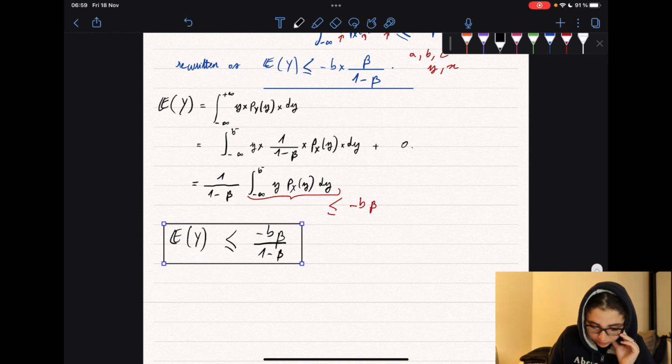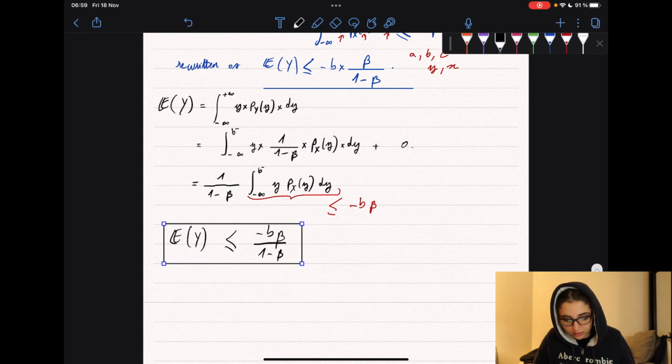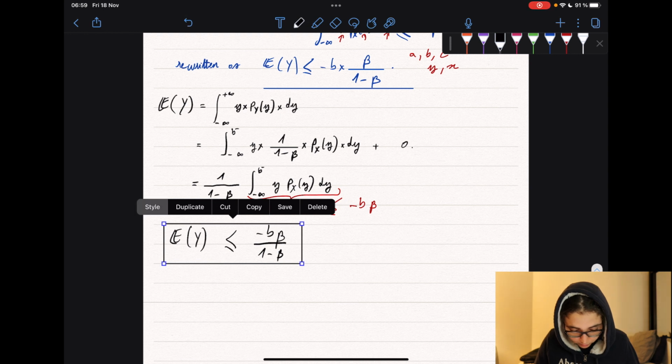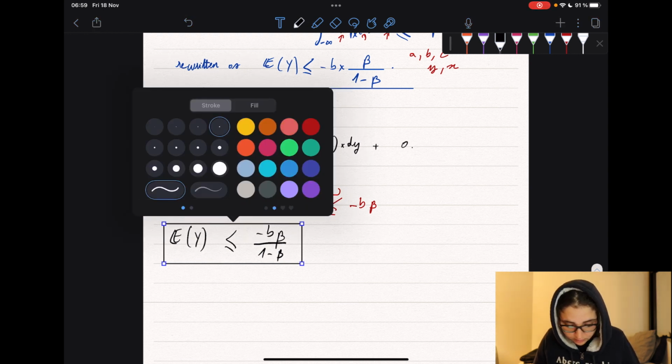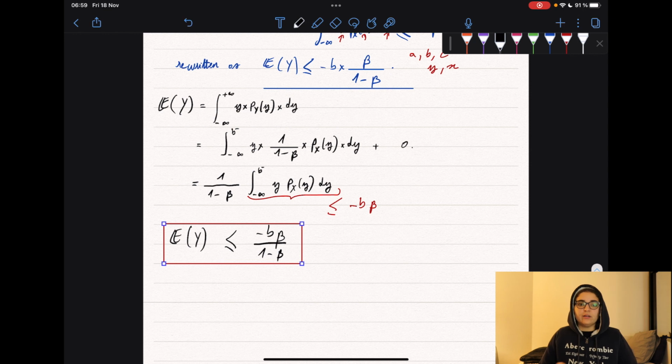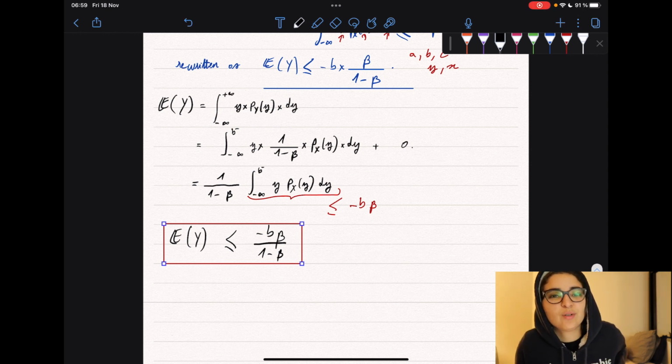And so we can just use this later on to reach the final conclusion of the Chebyshev inequality.